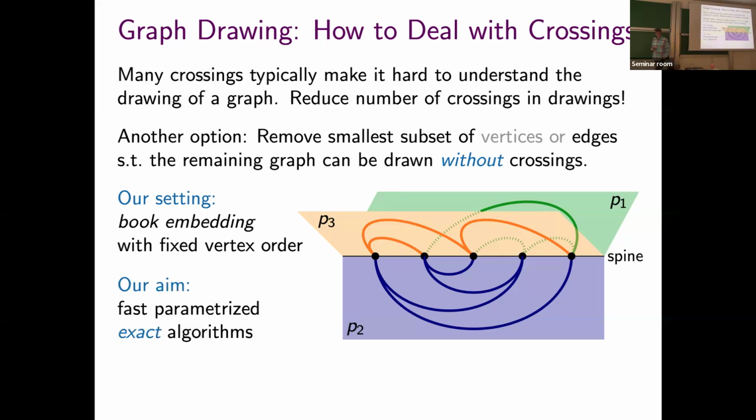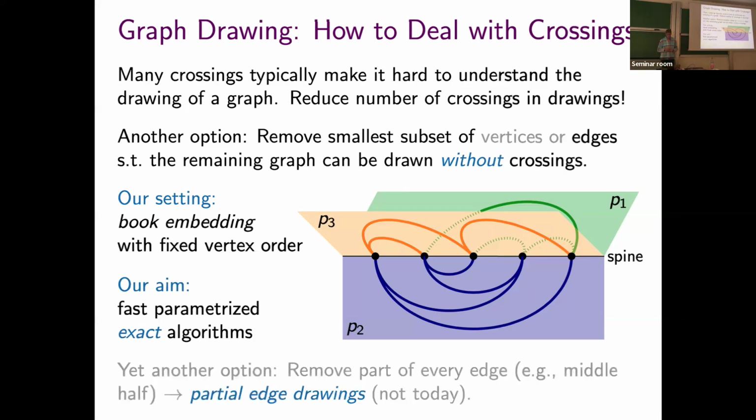Okay, and due to the seminar we were participating in, we were interested in fast, exact algorithms, maybe parameterized algorithms for problems that have to do with book embeddings for graphs.